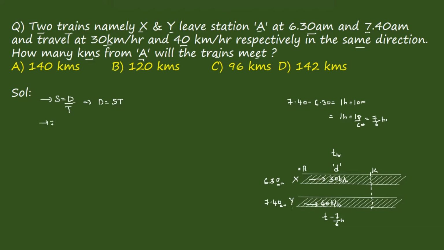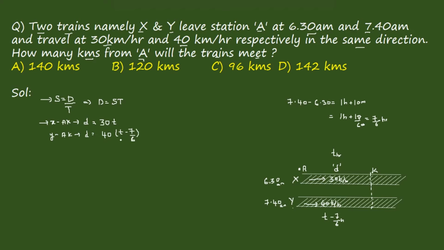Consider train X, moving from A to K. Here distance is D, speed is given as 30 kilometers per hour, and time is T. Consider Y, moving from A to K. Here distance is D only, speed is 40, and time is T minus 7 by 6.